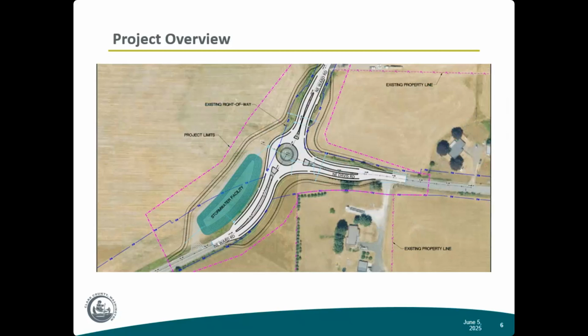There is some extended shoulder that you'll see around the roundabout in the white, to accommodate any future pedestrian and bike traffic as well. The center of the roundabout is really not that big. We have what they call the truck apron or skirt around the center island. The island itself is maybe 12 feet or so, give or take. Don't hold me to that, but it's much smaller than the one currently built out at 152nd Street.